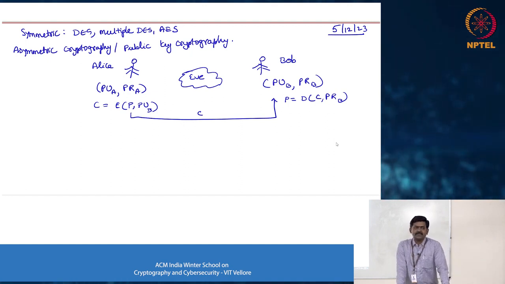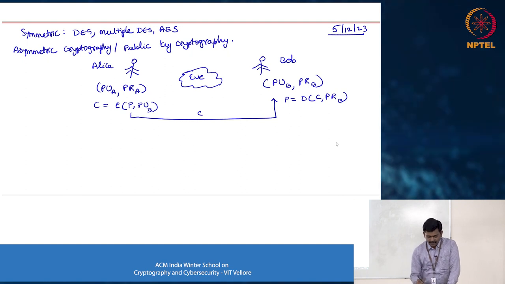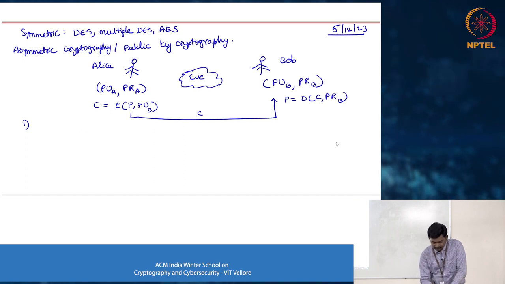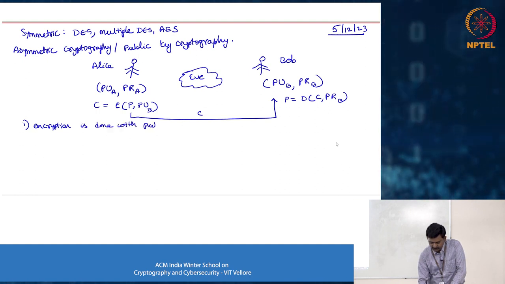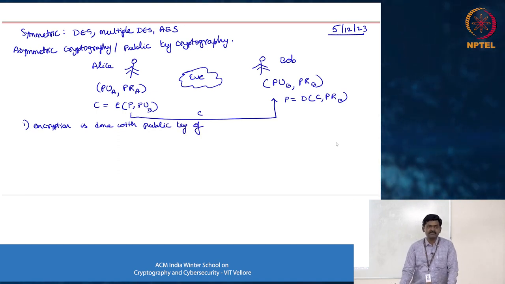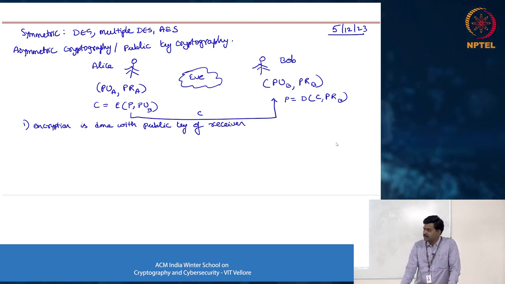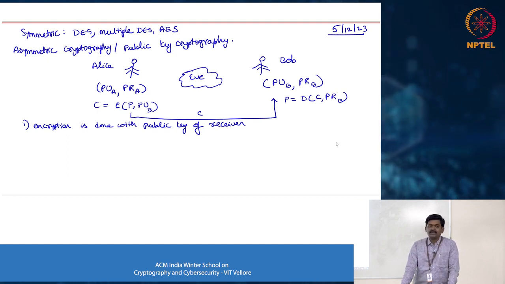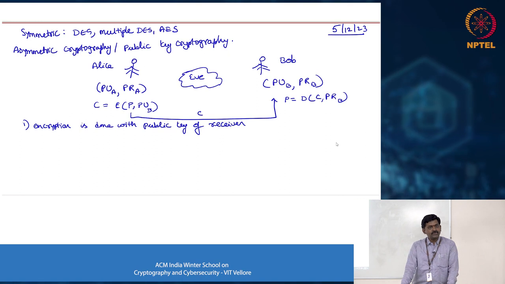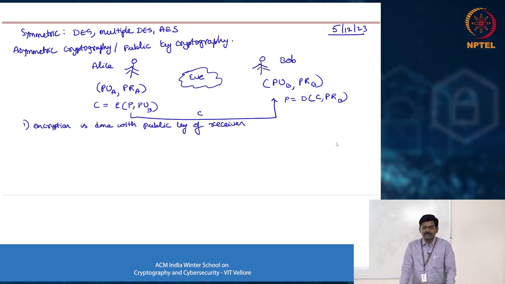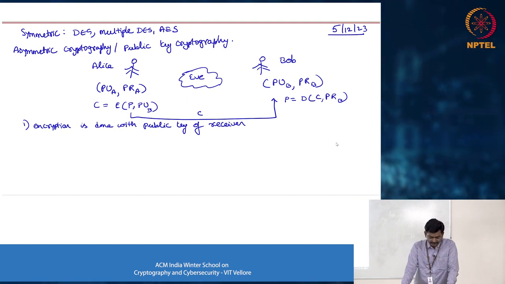A couple of points you need to understand. Number one, encryption is done with the help of the public key of, in this case, Bob, the receiver. Fine. So encryption happened with the public key of the receiver, and hence it is also called public key encryption, because encryption happened with the public key.